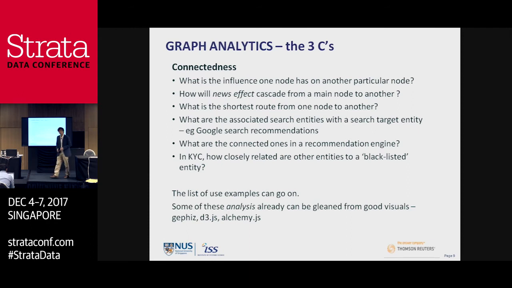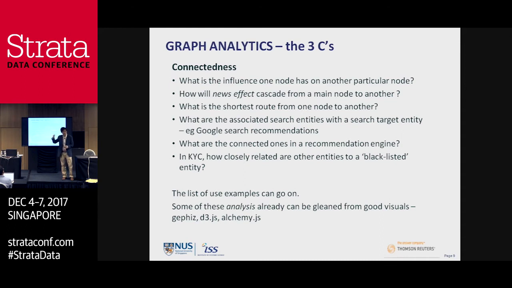In KYC, know your customer, it's something that we did, Rada and I, in Thomson Reuters. We used a network to identify blacklisted candidates or entities. Nowadays, criminals are smarter than you. Of course, they get smarter as usual. And instead of just knowing that a particular entity is blacklisted, they tend to use related entities.